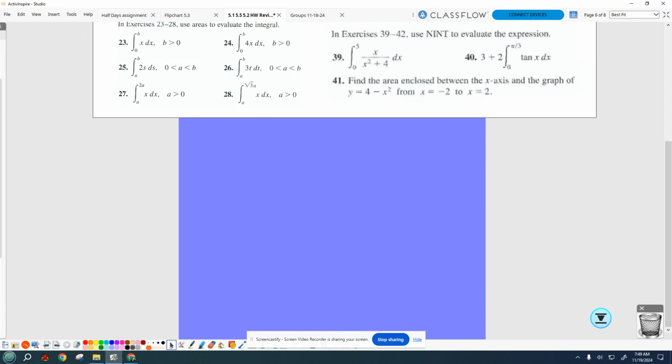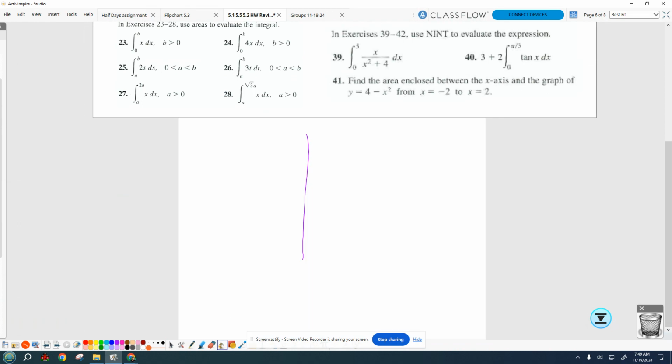Okay, find the area enclosed between the x-axis and y equals 4 minus x squared, from -2 to 2.